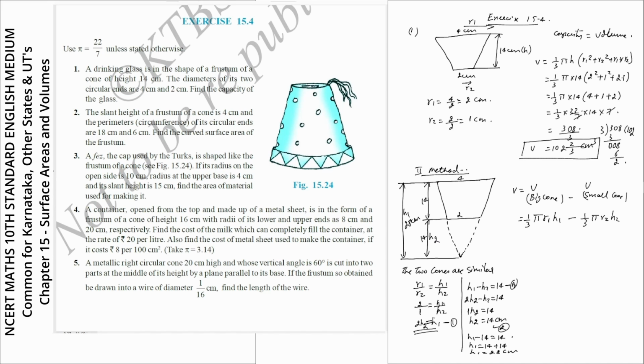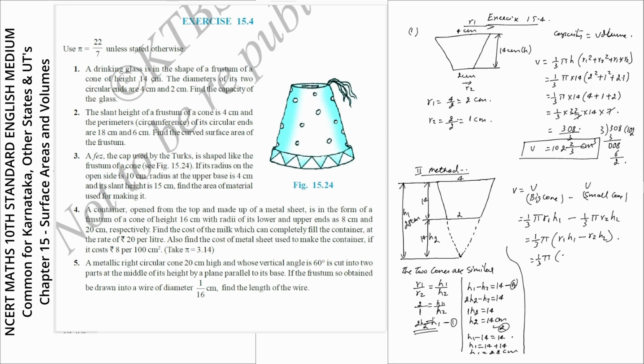Now I'll substitute all these values here. So this is equal to, now I'll take 1 by 3 pi as common, and r1 h1 is left in the first term minus r2 h2 in the second term. So this is equal to 1 by 3 into pi.